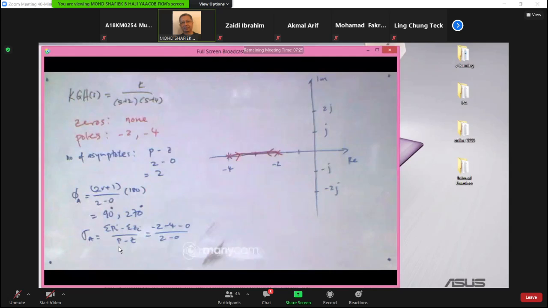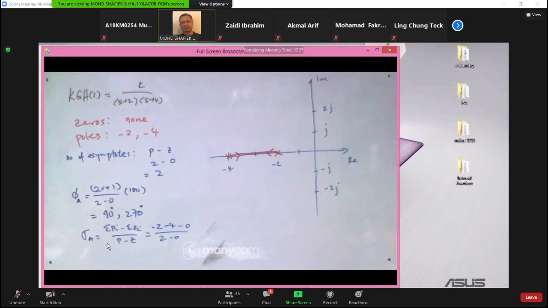So we can use that formula. Pi is the value of the individual poles, so -2, -4. We don't have any zeros, so minus nothing there. Divided by the number of poles minus the number of zeros, with no zeros.